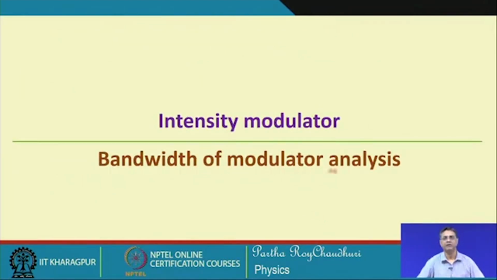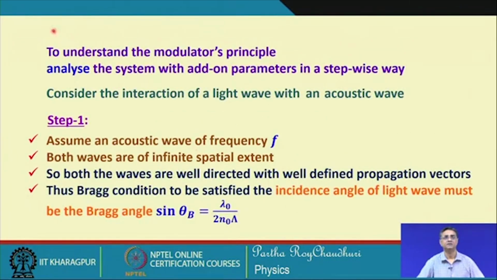This analysis involves several parameters like the width of the optical beam, wavelength of the optical beam, acoustic beam width, acoustic frequency and range of frequencies. Therefore, we make a stepwise analysis to understand clearly how this bandwidth can be optimized.